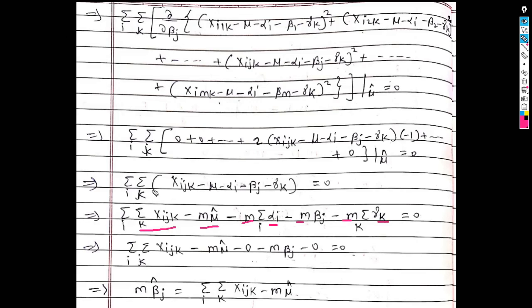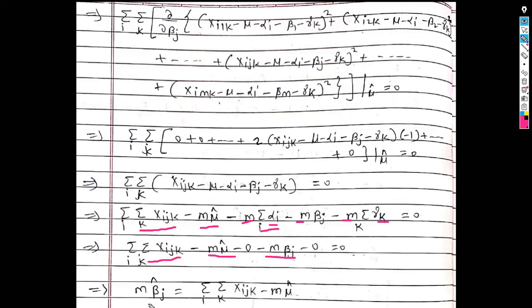When we consider the value for a single summation, it is m. For the double summation it is also m squared, because we have m squared observations in our design. Under the assumption of the LSD model, the summation of alpha i and the summation of gamma k are 0. So we get the summation of xijk minus m into mu hat minus m into beta j equals 0.